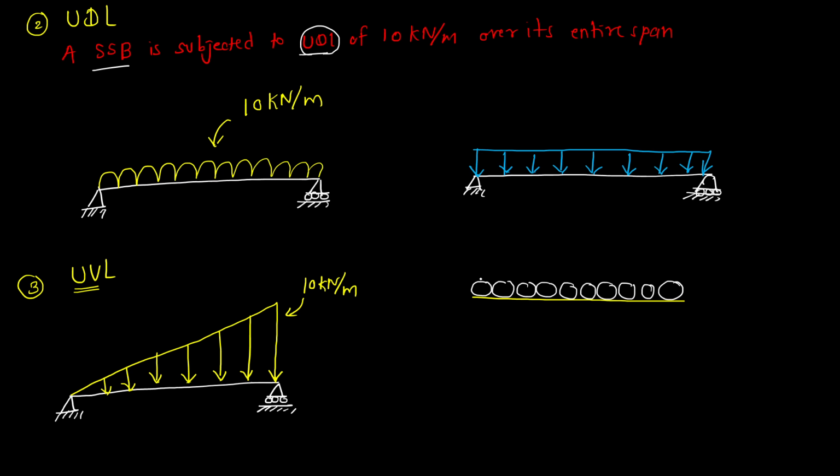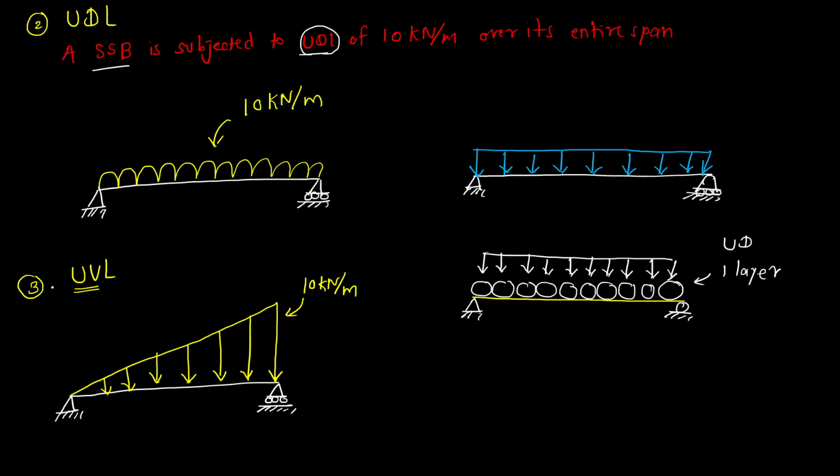There is one layer of cement bags uniformly distributed over this beam, throughout. So this distribution is called uniform distribution, and the load which these cement bags apply will be a uniformly distributed load. That's why we draw it like this.